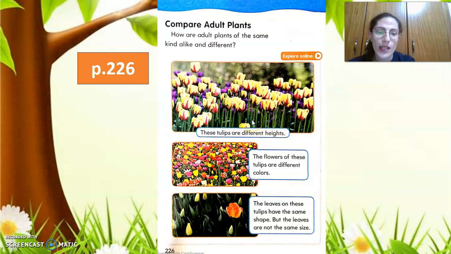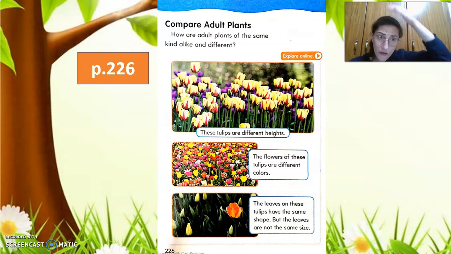Why? Let me explain to you something that is very important. The height, the color and the sizes are traits that we take from our parents. What is a trait? A trait is something that you get from your parents, such as the color of your eyes. So many times people would tell you, wow, you have the same color of eyes as your mom or as your dad.